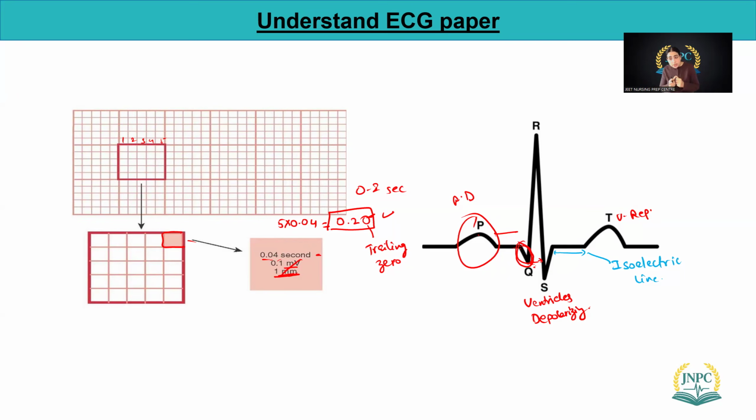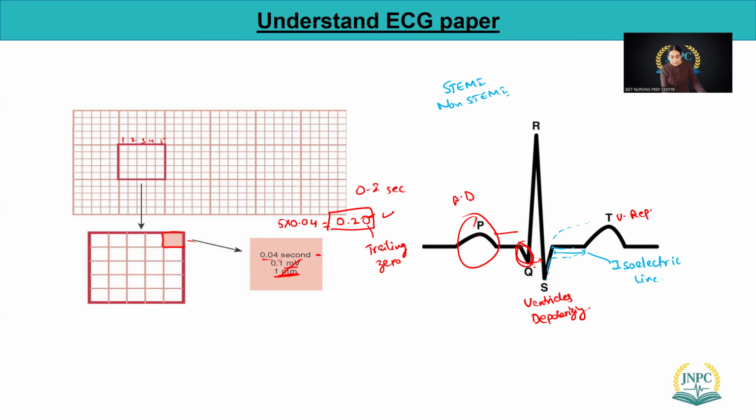The right ventricle is pushing and the left ventricle is pushing, and that is the maximum stress time for the ventricle. So if something goes wrong in the ventricle, maybe you have heard about ST segment elevated MI or non-ST segment elevated MI, right? This area could be elevated, could be depressed. There is some issue.